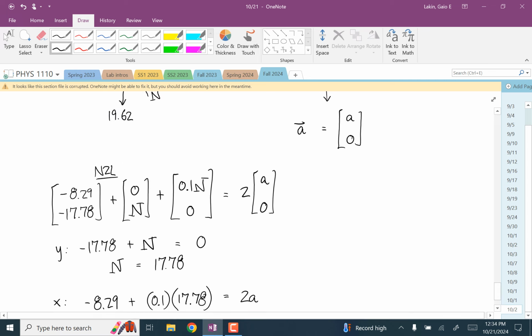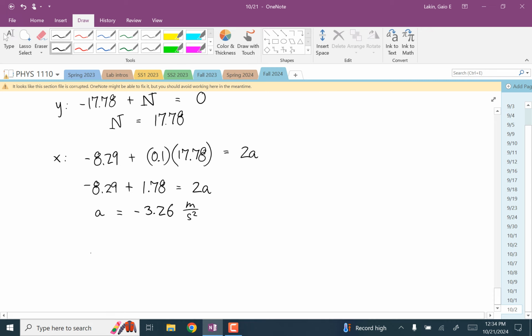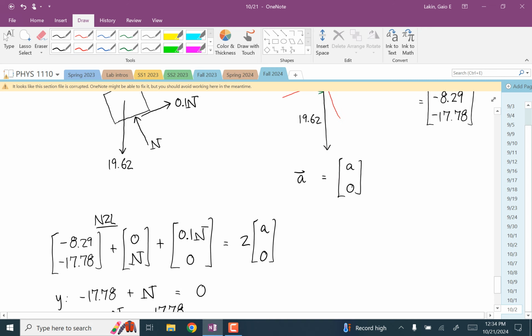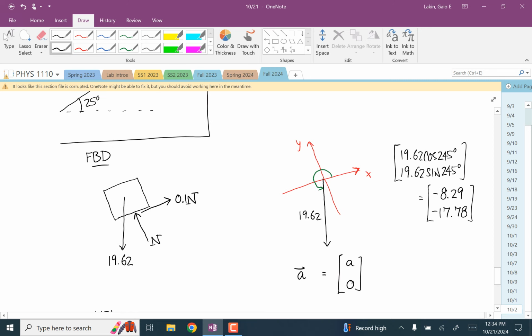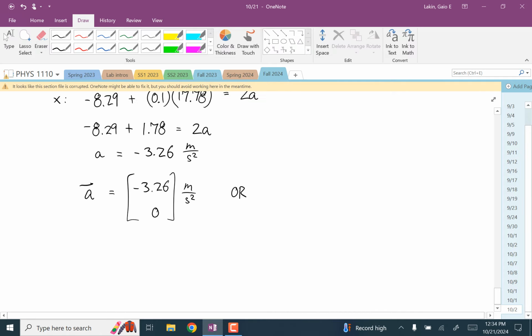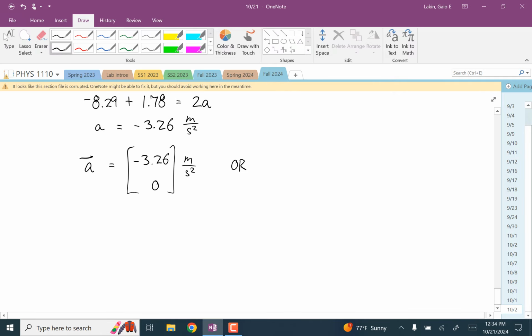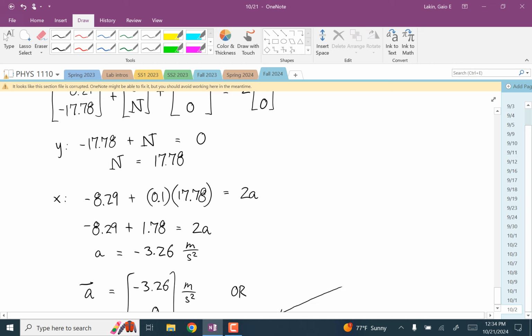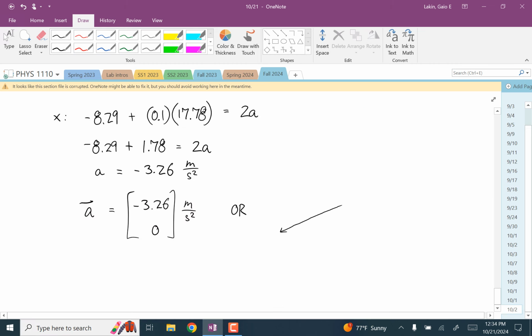Well, our a vector is A0, our acceleration vector. And so our acceleration vector is negative 3.26, 0. Or it's in the negative x direction. So that means down the ramp in this case. So 3.26 meters per second squared that way.